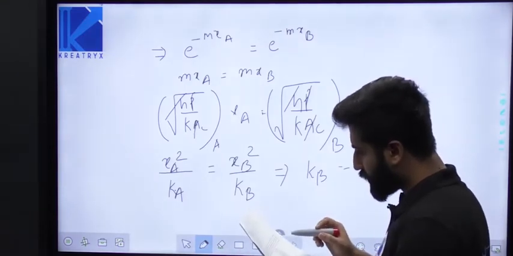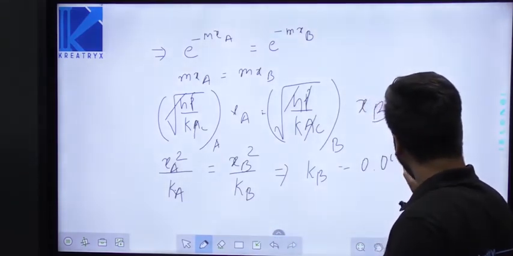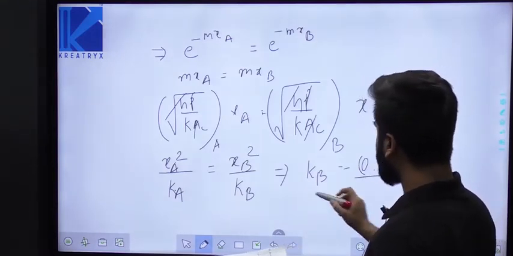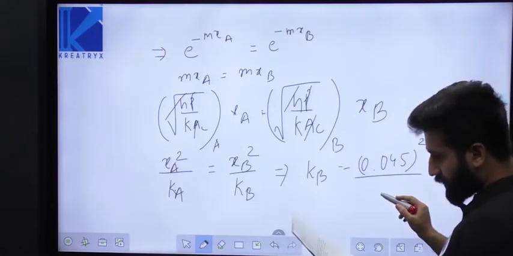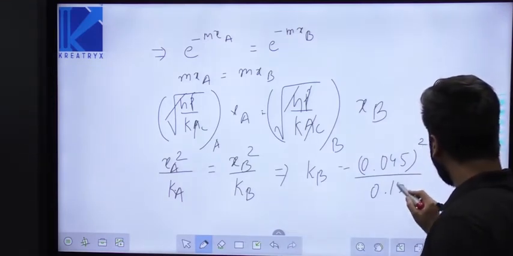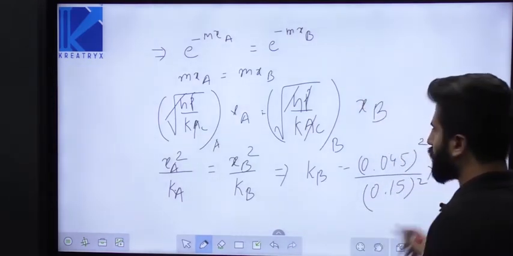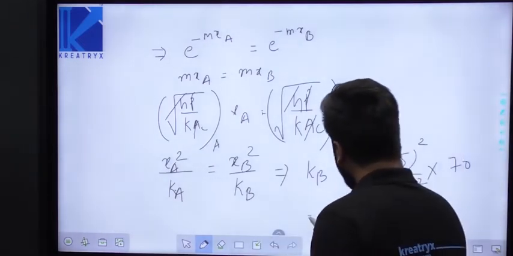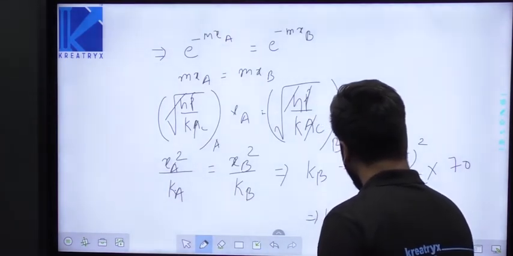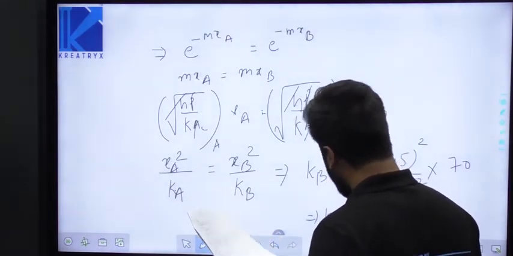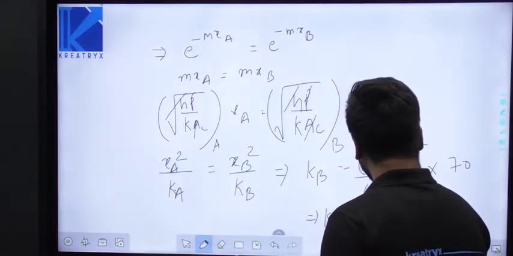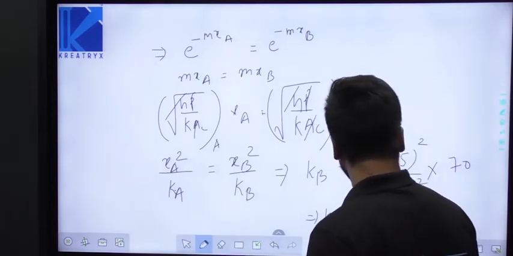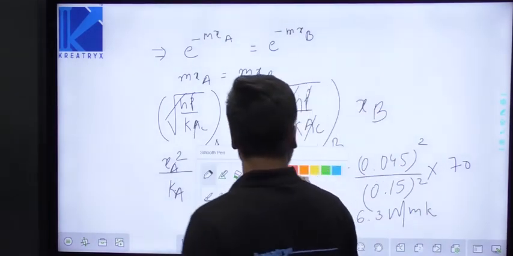So xb is 0.045 squared upon xa square, xa is 0.15, 0.15 squared, into Ka. Ka is 70. So when you solve it, Kb will be equal to 6.3 watt per meter Kelvin. That is option C.